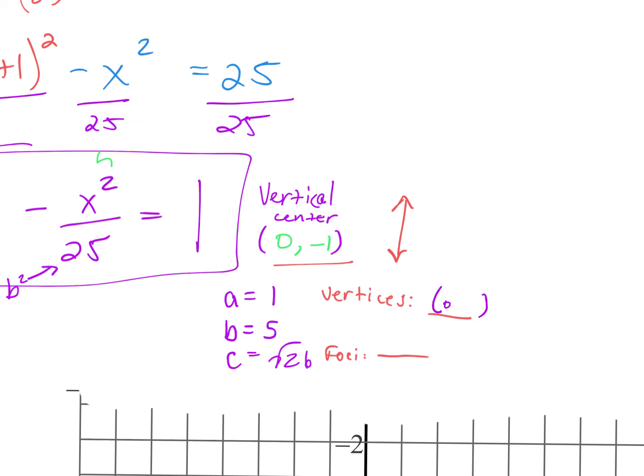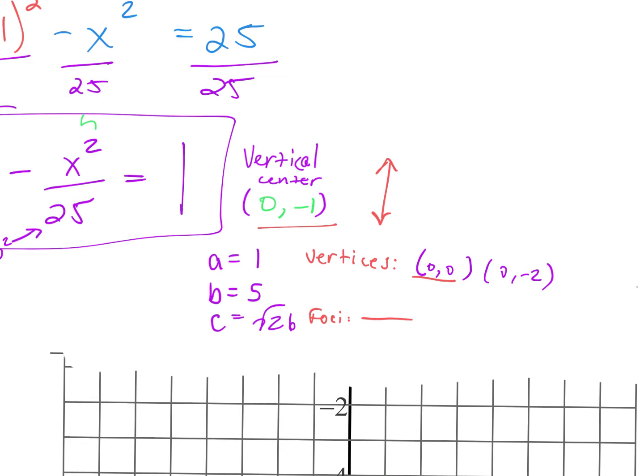Okay, so there's one at 0, 0. And if I subtract 1, it's where? 0, -2. Good. For the foci, again, we're moving up and down. So I would say my foci is at 0, -1 plus root 26, and 0, -1 minus root 26.